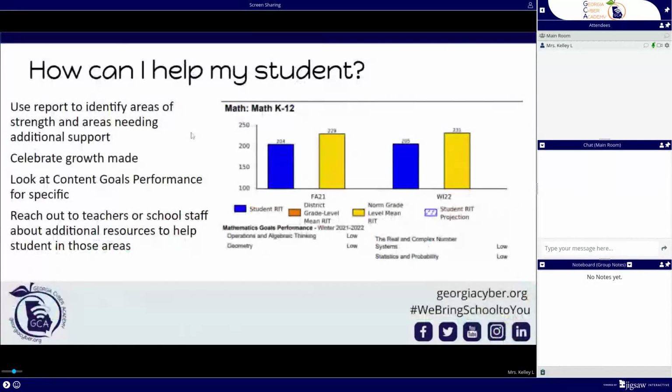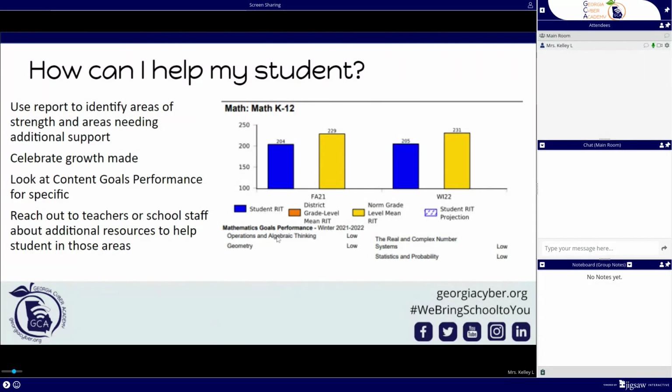Okay, so ways you can help your students. Use the report to identify areas of strength and weakness where additional support might be needed. Celebrate the growth that is made between the different times they take the test throughout the year. Look at these content goals for more specific feedback.